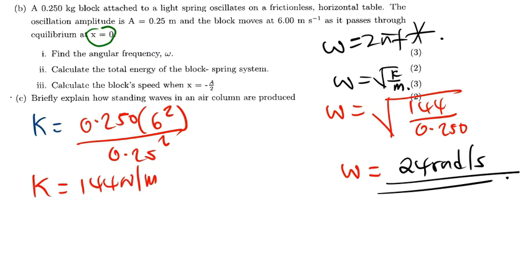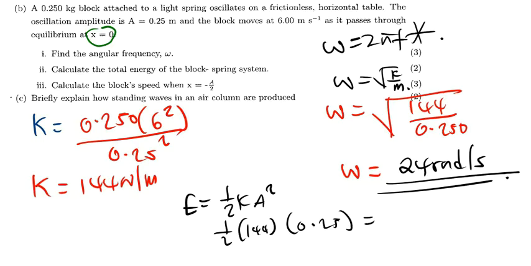Part B is saying calculate the total energy of the spring. The total energy is given by the formula I gave you at first. The total energy is half Ka squared. So the K is 144, A is 0.25.